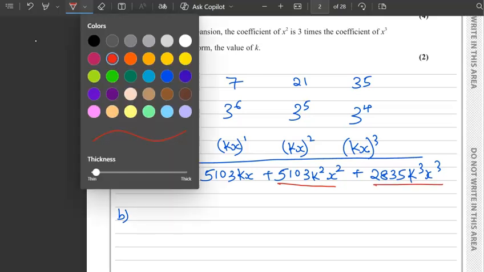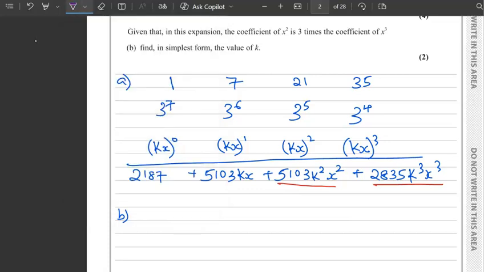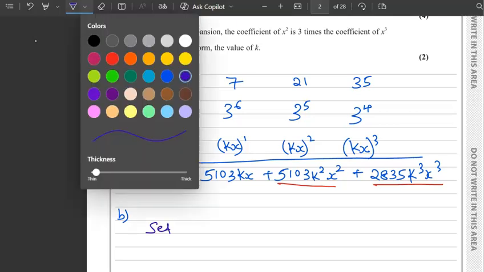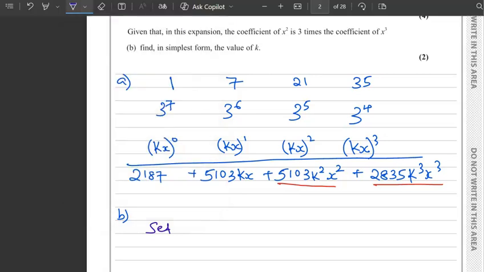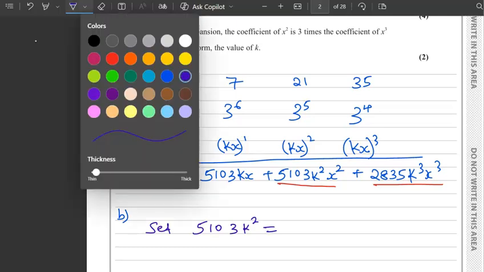So what you've been given here is that the coefficient of x squared is 3 times the coefficient of x cubed. So I want us to set the coefficient of x squared, which is 5103 k power 2, to be equal to the other coefficient.